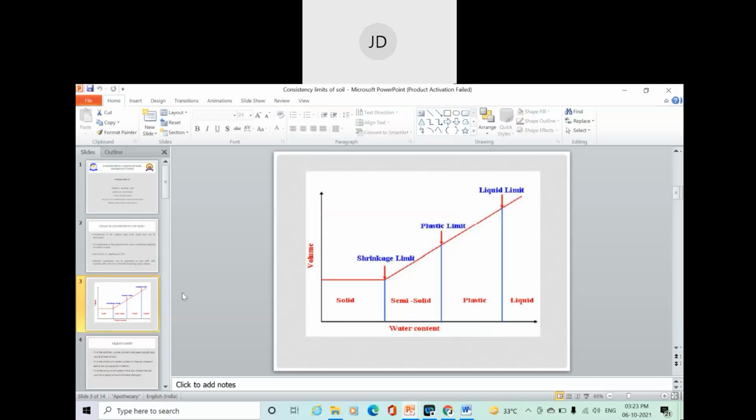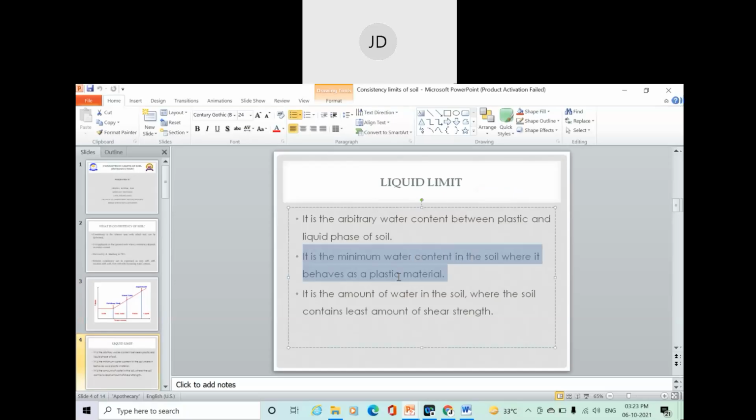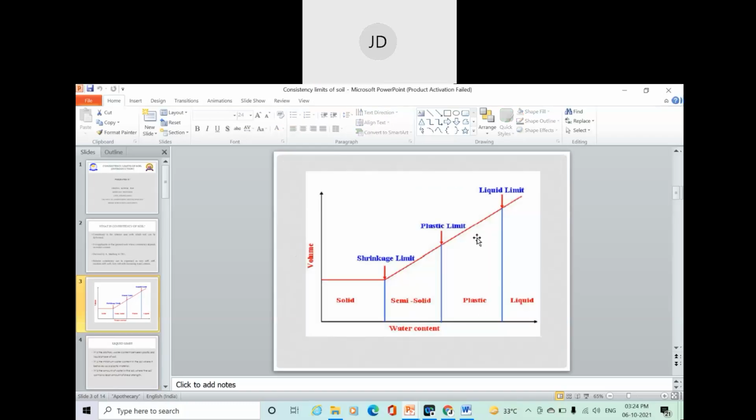Okay, and another definition of liquid limit is: it is the minimum water content in the soil where it behaves as a plastic material. That means liquid limit represents the minimum water content at which the soil is still in a plastic state, but if you increase the water content beyond this liquid limit, it becomes liquid.